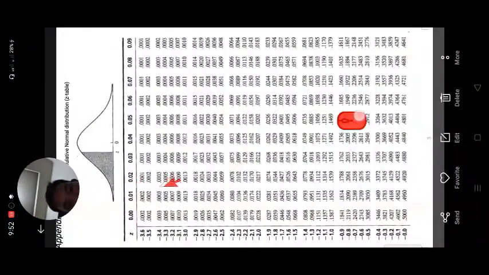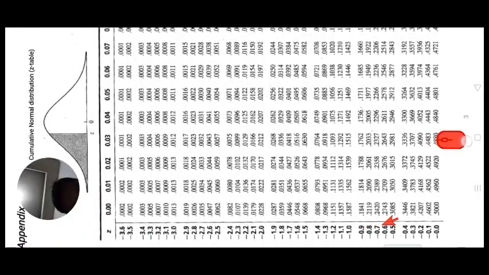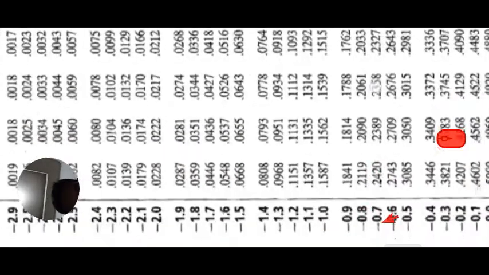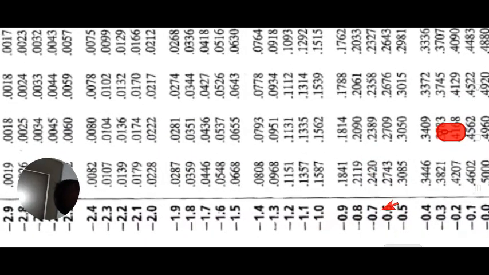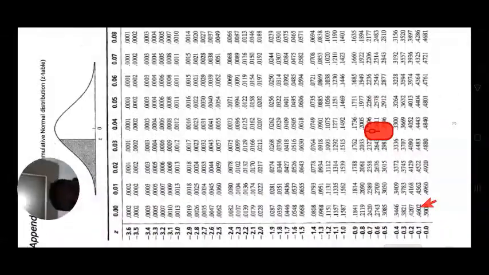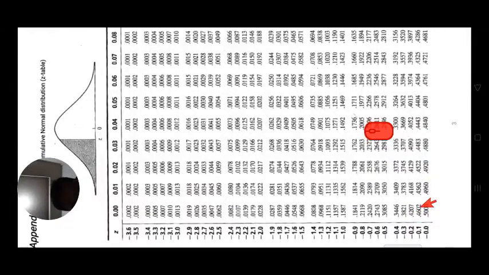Okay, negative 0.40, ito yon. Taas. Okay, here. Ito yon. Negative 0.40.